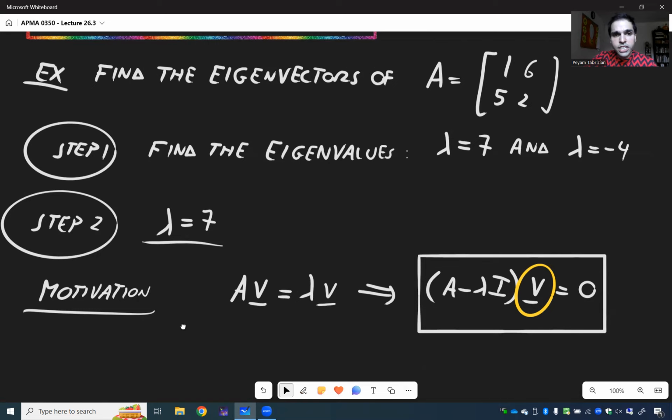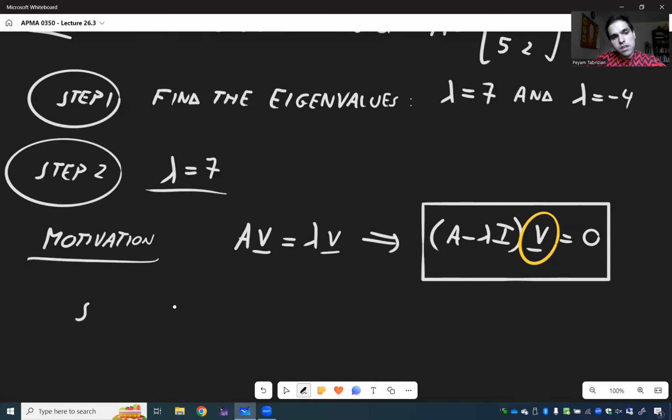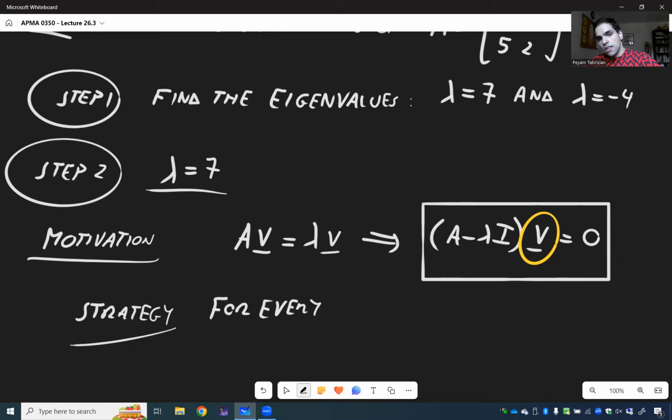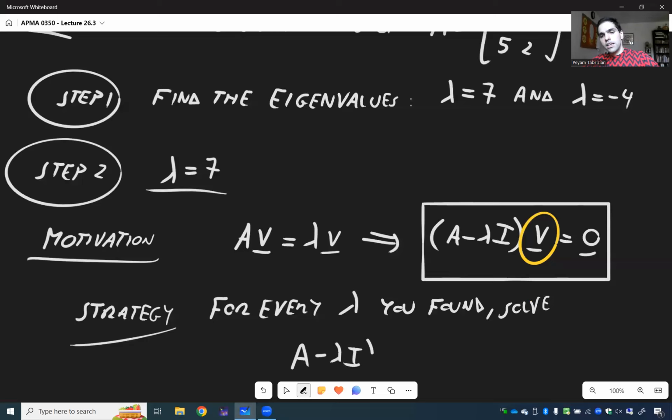So kind of our strategy: for every lambda you found, solve this equation, (A minus lambda I) v equals 0.